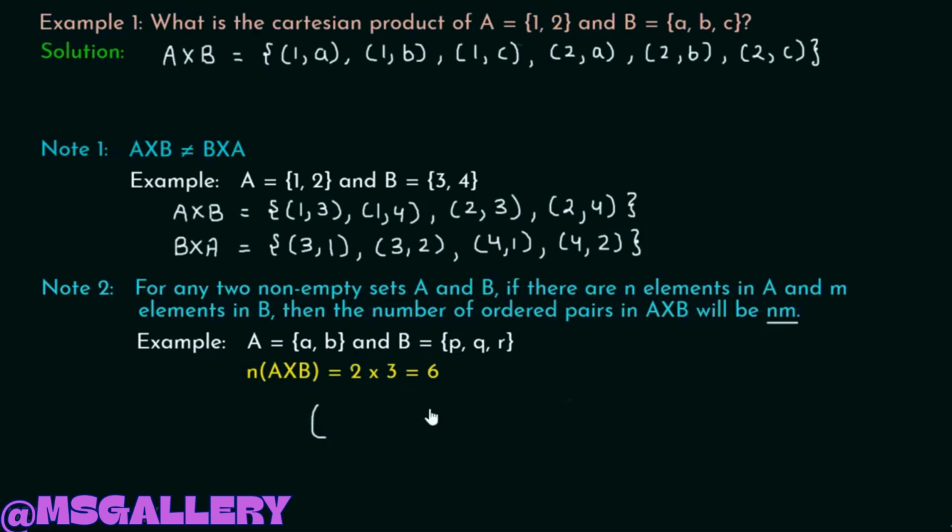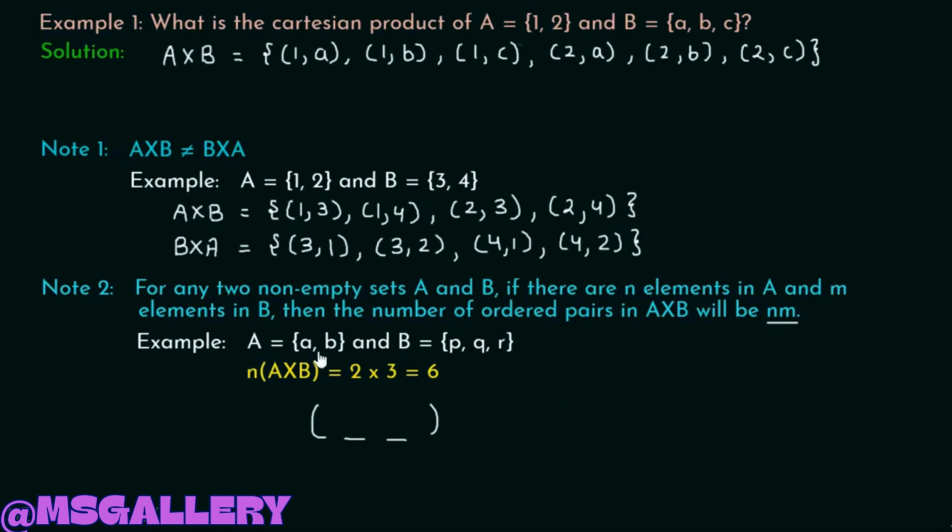We know that in an ordered pair, the first element must belong to the first set and the second element must belong to the second set. Here in this case, we have two sets A and B and we are talking about A cross B. This means that the first element of an ordered pair must belong to set A, and the second element must belong to set B, right?